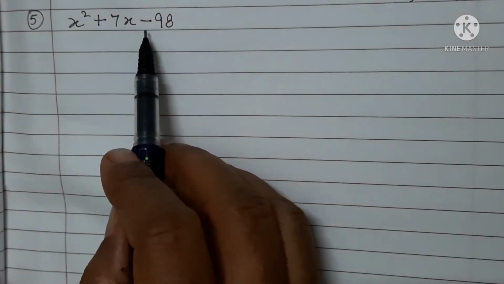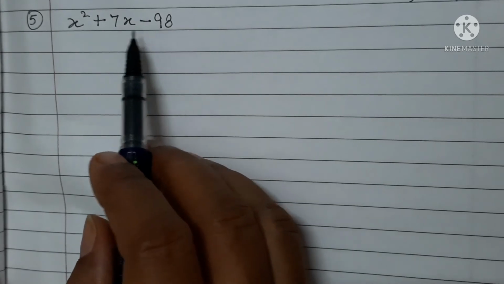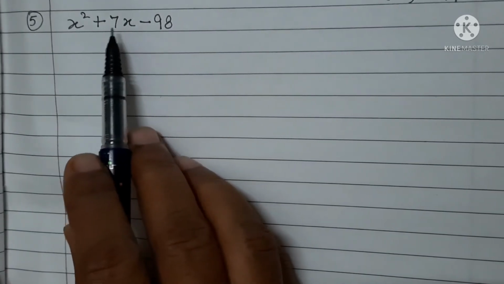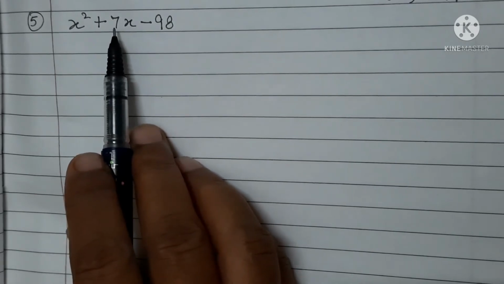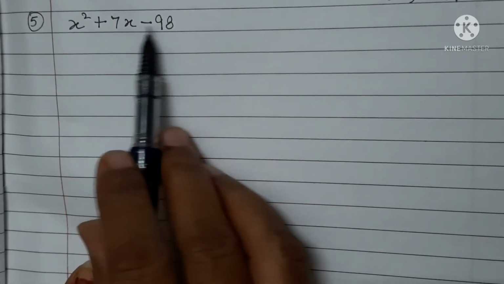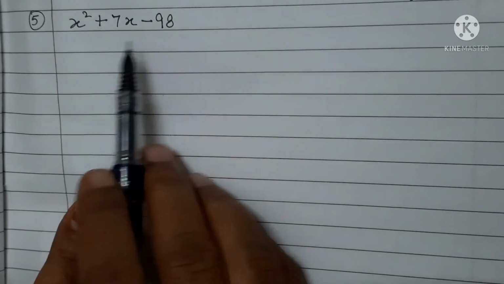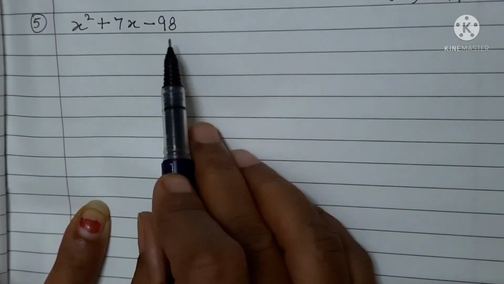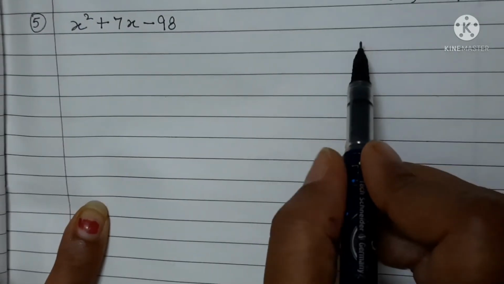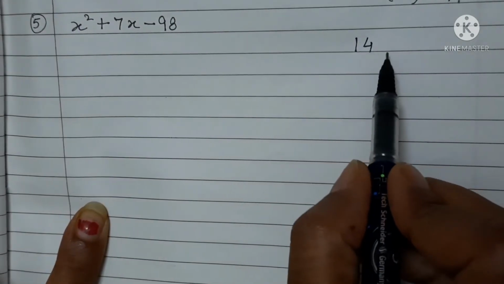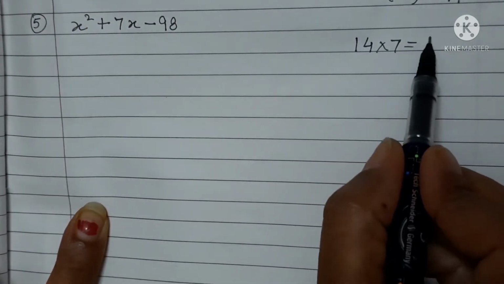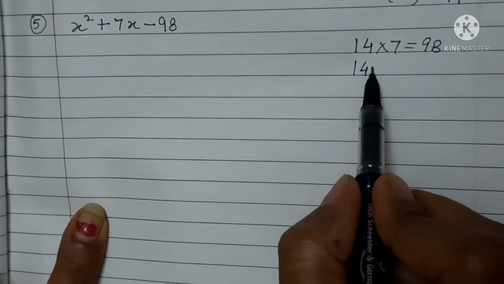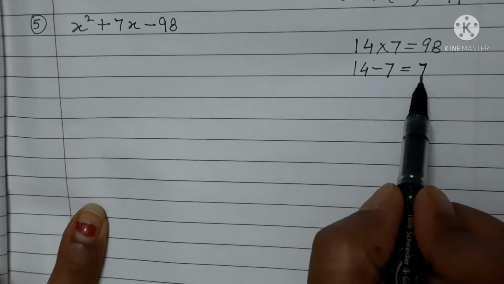x square plus 7x minus 98. Split 7 into two numbers so that their product is 98. 14 sevens are 98, and 14 minus 7 gives 7.